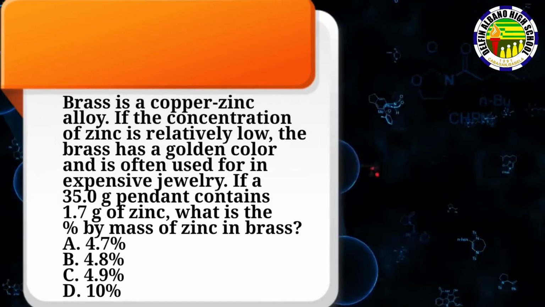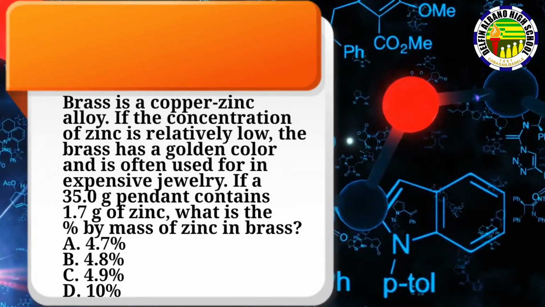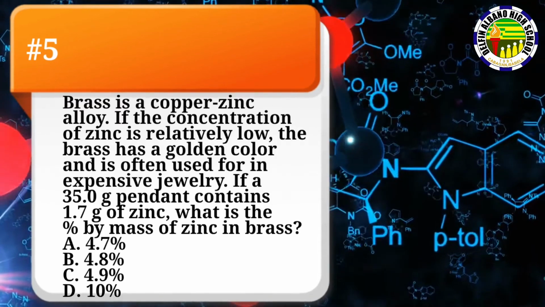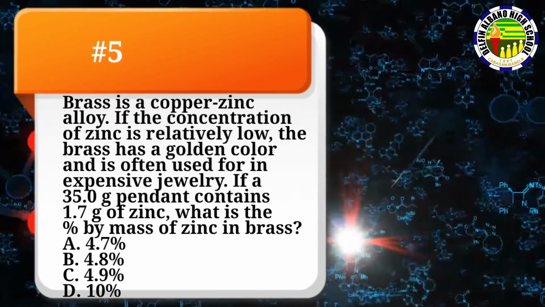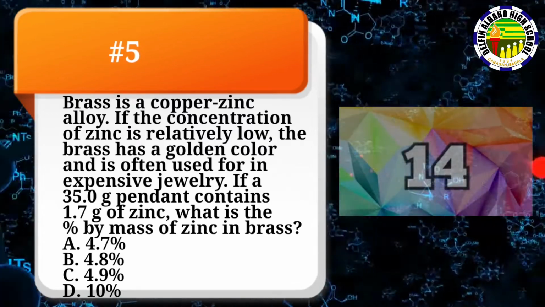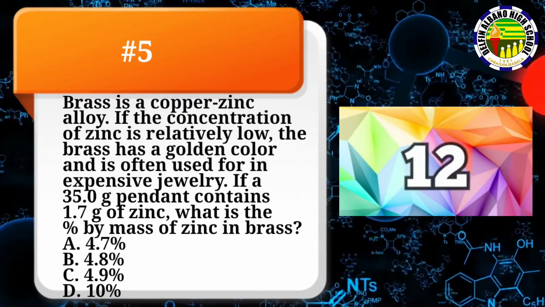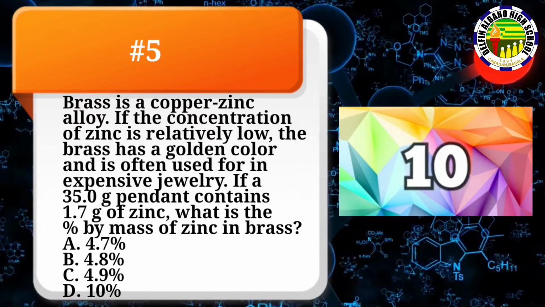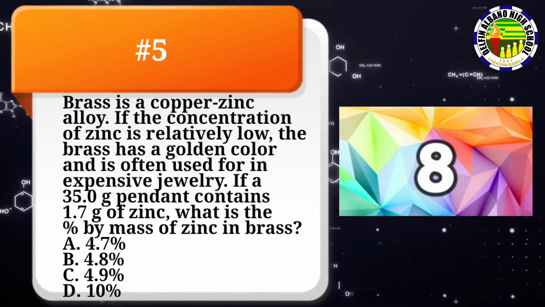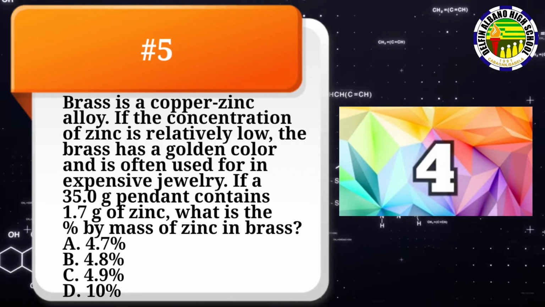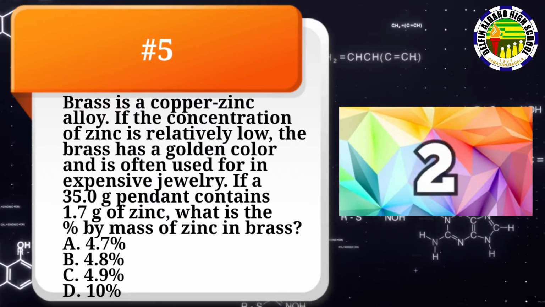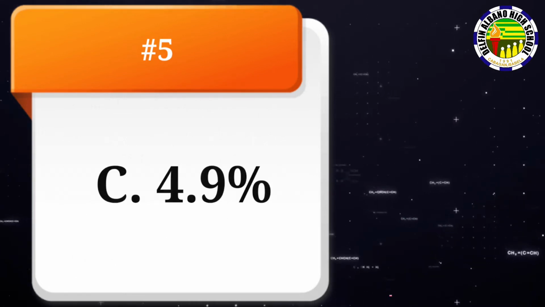If a 35.0 gram pendant contains 1.7 grams of zinc, what is the percent by mass of zinc in brass? The correct answer is letter C.